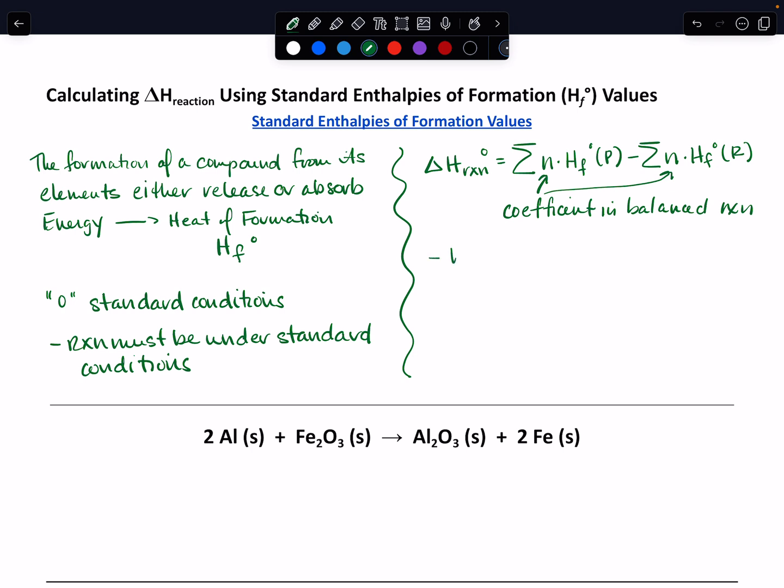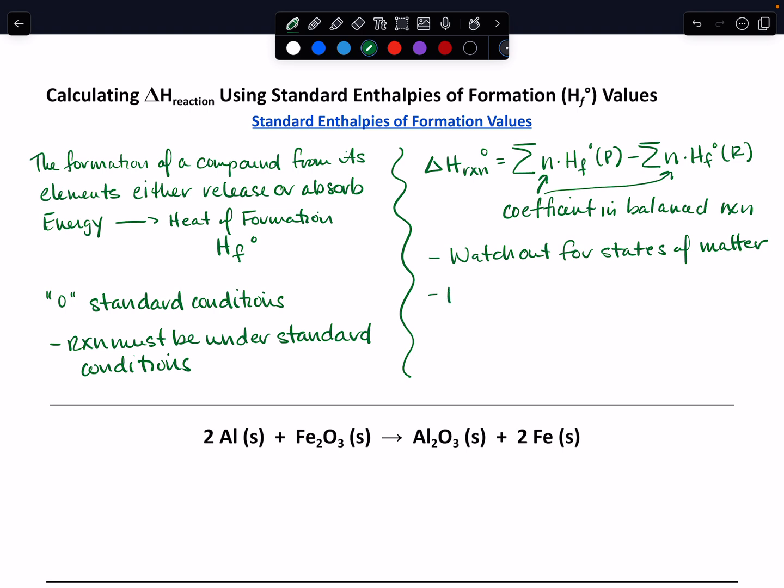With that in mind, you need to watch out for your states. It may take more energy to form a particular molecule in its gas state versus its liquid state versus its solid state. So you need to make sure that when you write down your heat of formation, you are writing down the one for the appropriate state for the reaction that you are looking at.